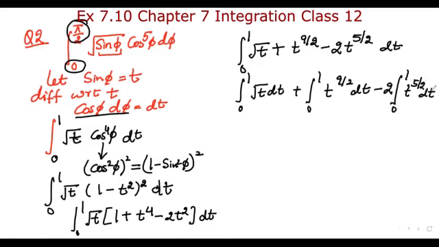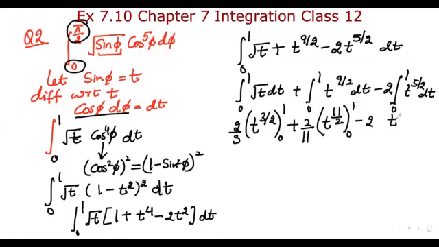So for t power half, I can take it as half plus 1, that means 3 by 2, and multiplying with the reciprocal, 2 by 3. And taking the limit as 0 to 1. Then t power 9 by 2, if I add 1 to it, it will become 11 by 2, and multiply with 2 by 11. And the limit is 0 to 1.